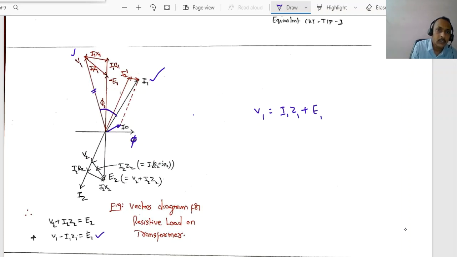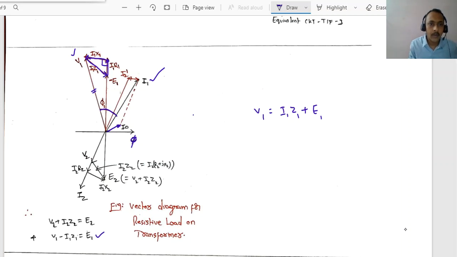So this is the drop I1 R1, and the reactive voltage drop due to the reactance will be exactly 90 degrees with respect to I1 R1. Now the sum of these two, I1 R1 plus I1 X1, will be our impedance drop I1 Z1. This is what we have drawn here.